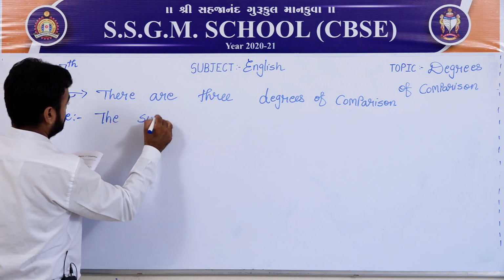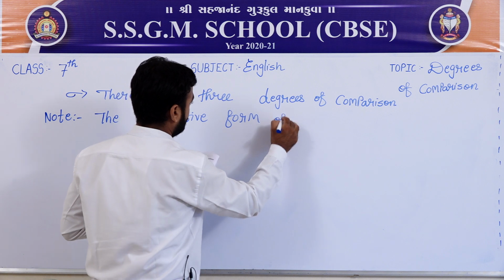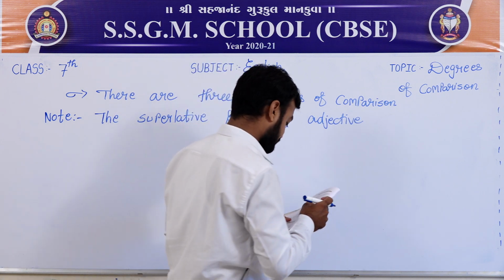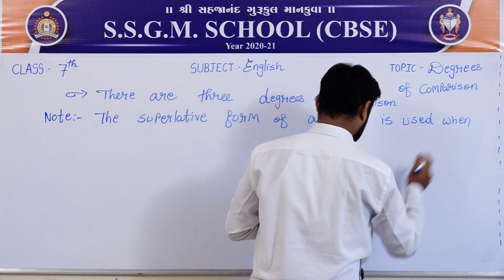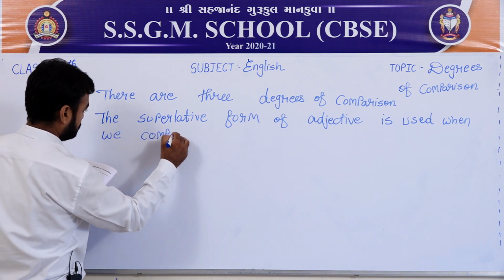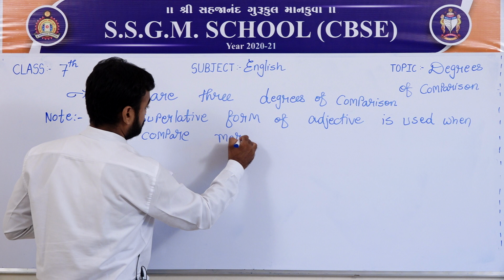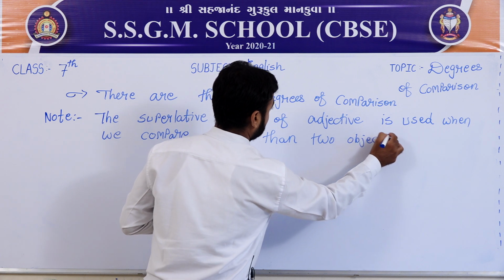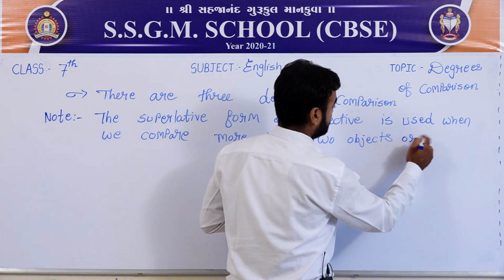The superlative form of adjective is used when we compare more than two objects, let's say objects or persons.